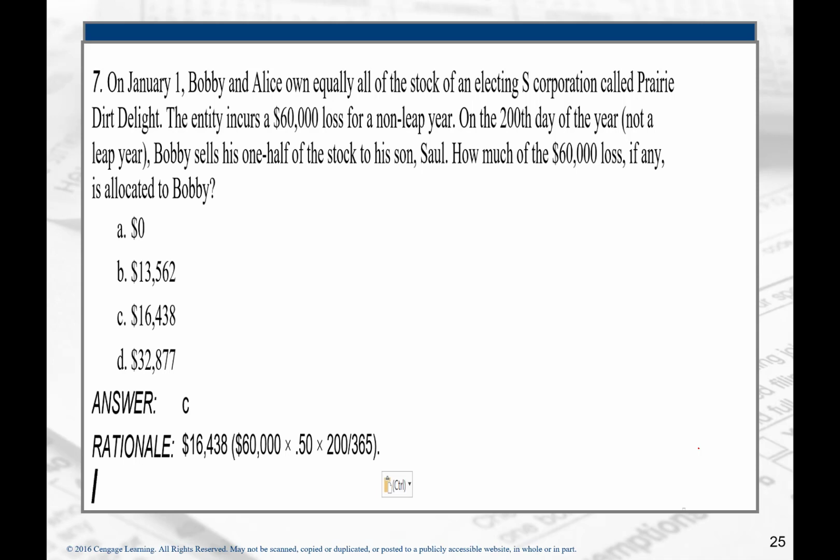Bobby held the stock for 200 days, right? So it's going to be 200 out of the 365. And since he only sold 1/2 of the stock, then only 1/2 of the 60,000 would be attributed to the 200-day limitation, the 200-day amount that he held the stock.